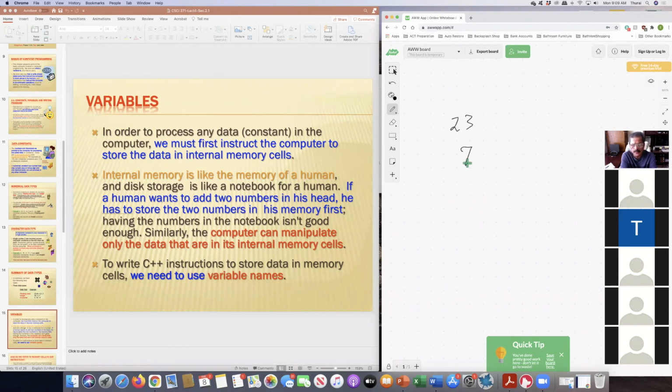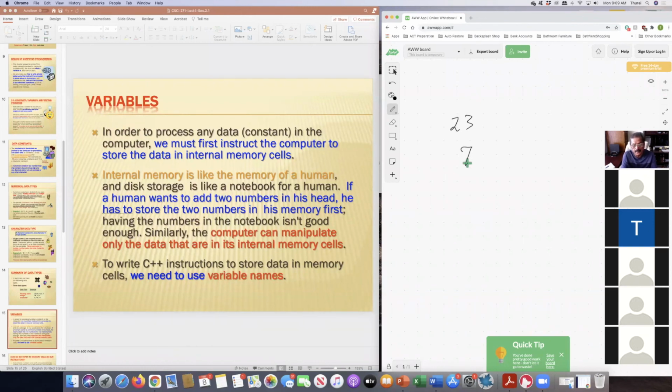You don't usually think about the steps you're taking to do this, and now you have to think about that, because that's what a computer program is: writing exactly how we do things in our head. We have to write them to have the computer do the same thing using its memory.